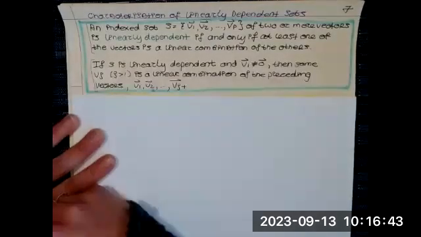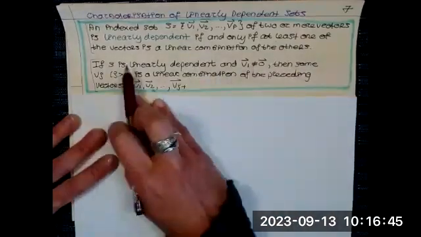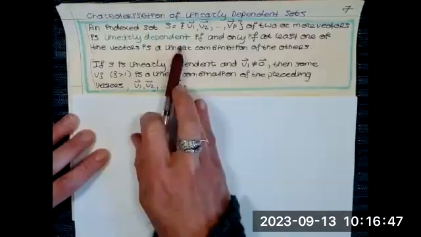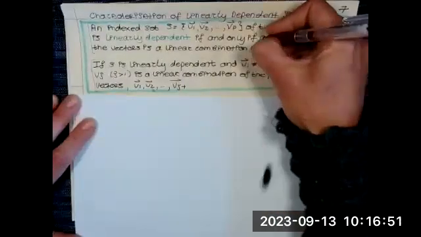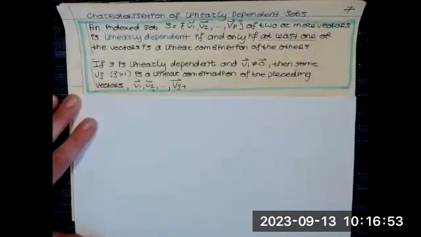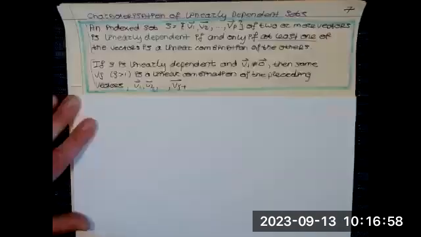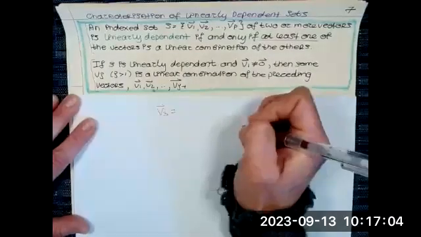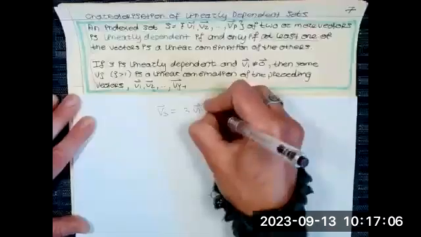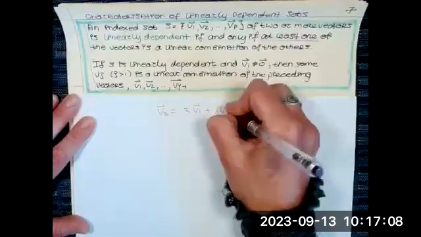Again, just remember, if I have a set of vectors, it's going to be linearly dependent if and only if at least one of the vectors is a linear combination of the others. So maybe vector v3 in my set is a linear combination, like 3 times v1 plus 2 times v10, something like that.